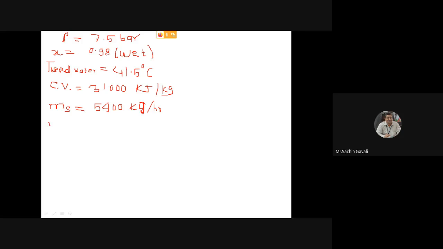And at the same time, how much coal was burning in the boiler is given? 670 kg per hour. Both units should be same. If it is kg per day, here also it should be kg per day. Anything else given? Nothing.